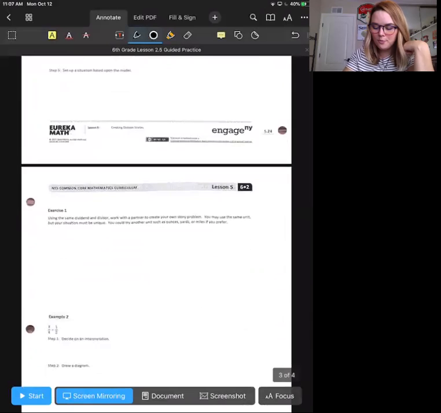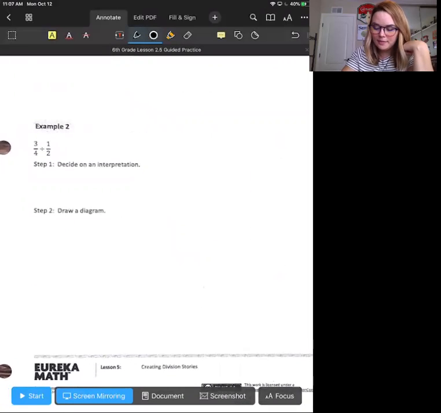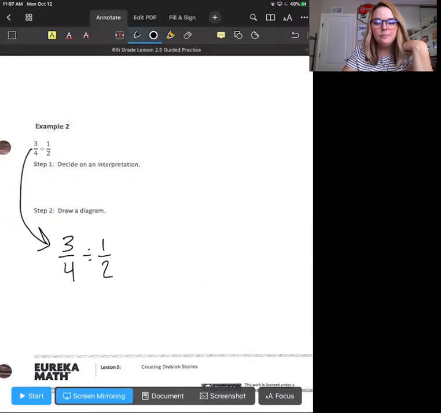Let's look at one more example. We'll look at example 2. Again, I'm going to move this down here. So I have 3/4 divided by 1/2. Again, I'm going to multiply by my reciprocal.